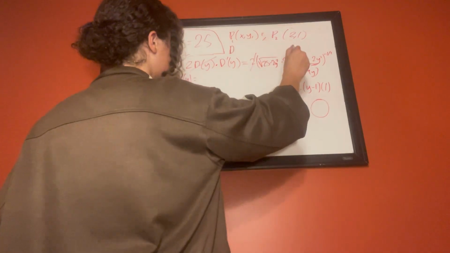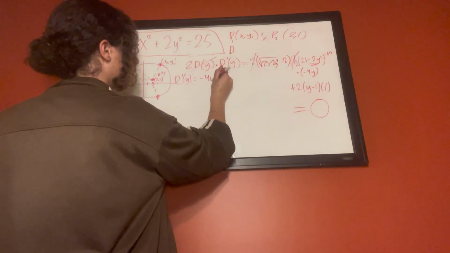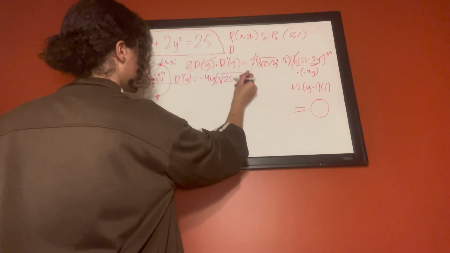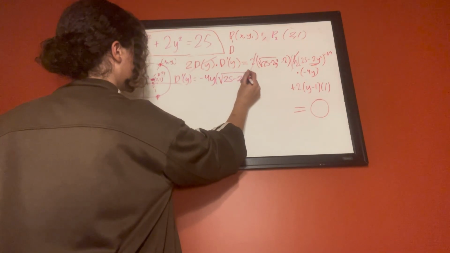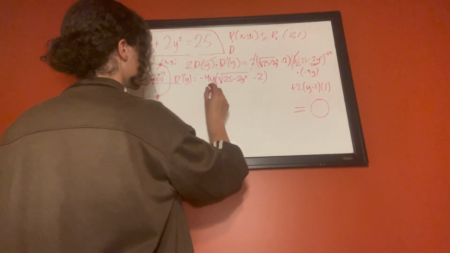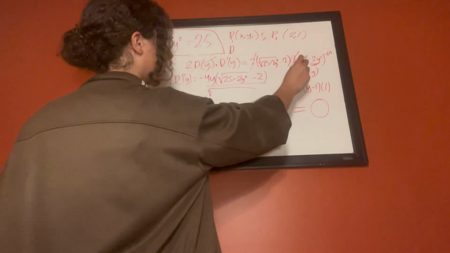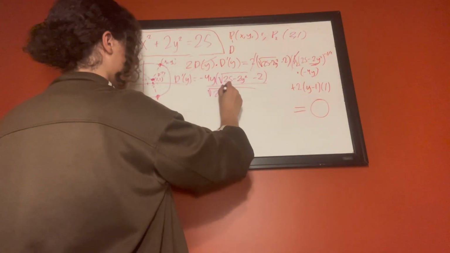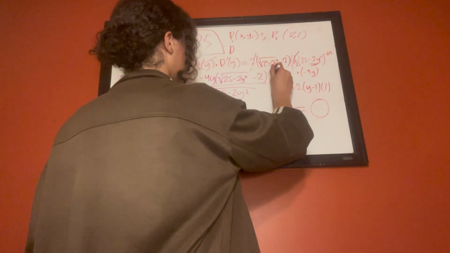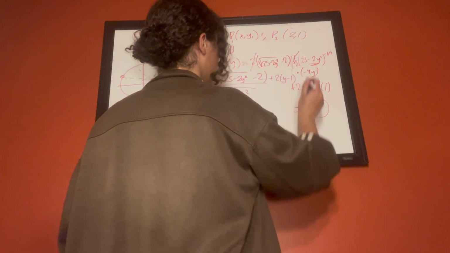Those will cancel. So I have minus 4y times the square root of 25 minus 2y squared, minus 2, divided by the square root of 25 minus 2y squared, and then plus 2 times y minus 1.